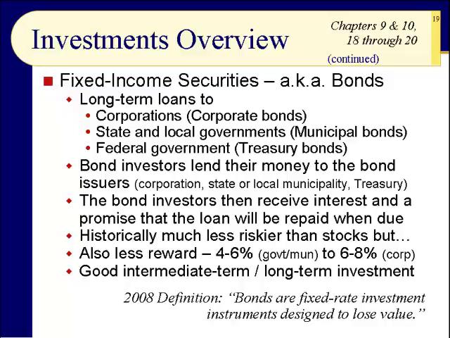People think that the Treasury, when they need money, just prints it. No, that's not what they do. They borrow it. They issue bonds, and they tell investors all around the world that we will pay you such and such percent for 10 years or 20 years or 30 years. And then at the end of that time, we'll pay you back your money. And that's a bond. Bond investors lend their money to the bond issuers.